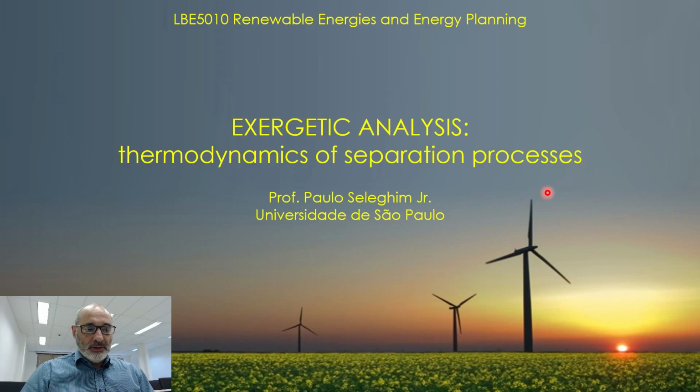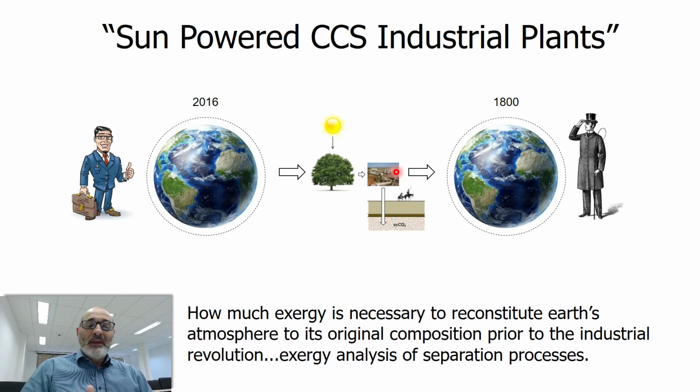Okay, so today we're going to talk about the thermodynamics of a separation process. It's a very important issue, and as I've been promising since last week, we're focusing on this type of problem: building a CCS machine, a carbon capture and storage machine, which is driven by sun energy. This machine will remove CO2 from today's atmosphere in order to render the constitution of our atmosphere at least to that one before the Industrial Revolution.